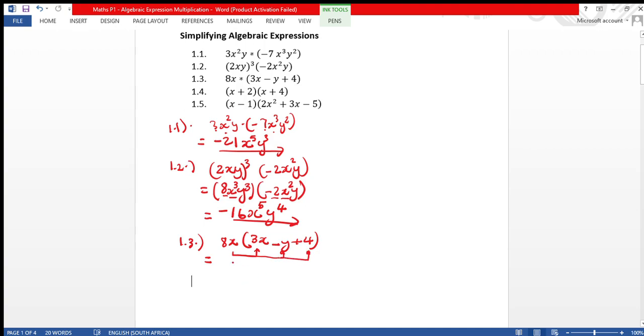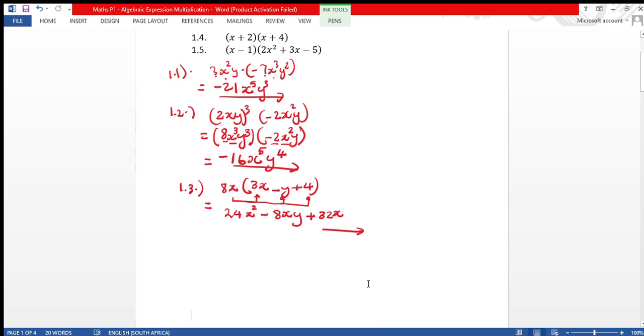So 8x times 3x squared is going to give us 24x cubed, and then 8x times minus y is going to give us minus 8xy. 8x times 4 is going to give us 32x. So this is going to be our answer.